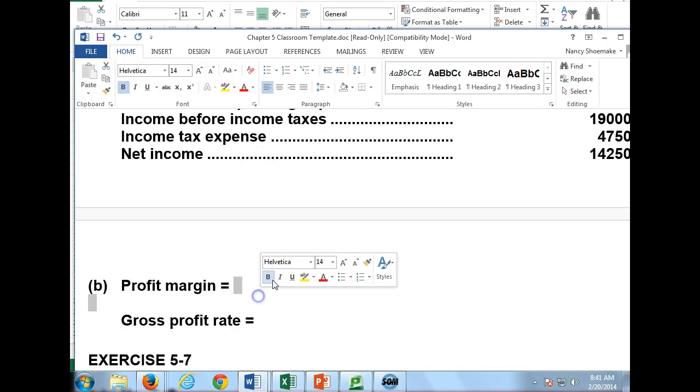What was our net income? 14,250. And we're going to divide that by what? What are we going to divide the net income by? Net sales of how much?